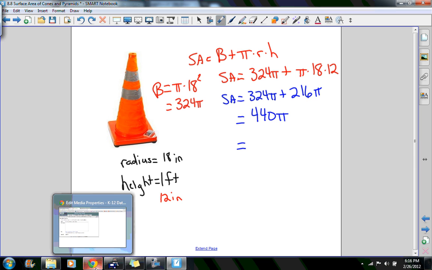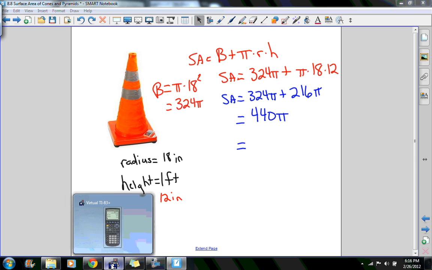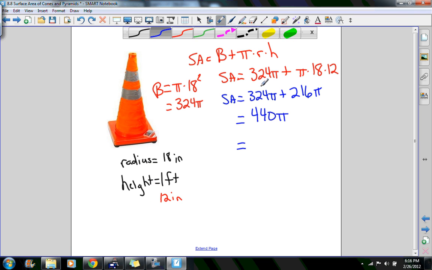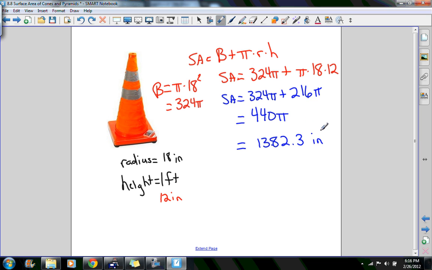So that's an answer, and there we go. Also 1,328.3. Or is it 82? 82, sorry about that. So the label would be inches squared, because we're working in surface area. So those are our two answers.